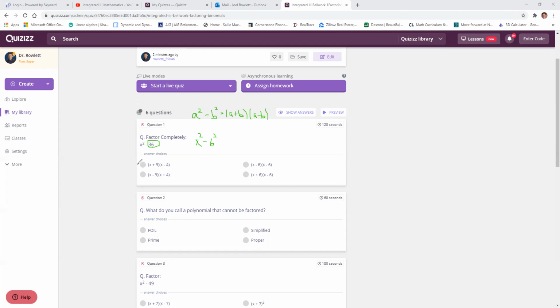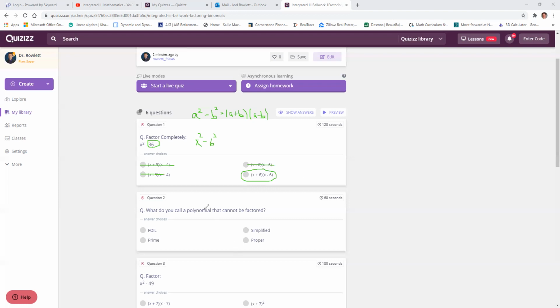So this cannot be the answer, because the signs are the same. If you're factoring a difference of squares, it has to be first base plus the second, first base minus the second. So x plus 6 times x minus 6 is going to be our solution.